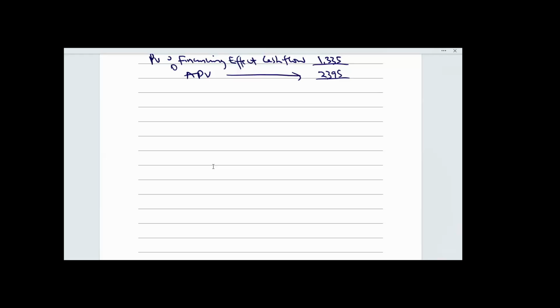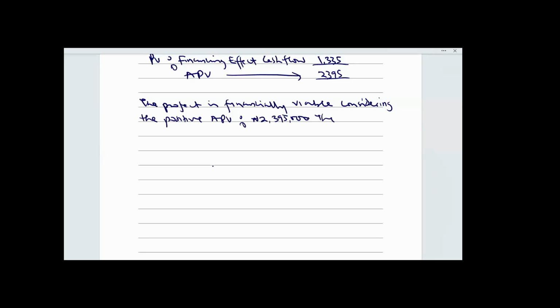Therefore, our advice should be that the project is financially viable, considering the positive APV of 2,395,000 naira.